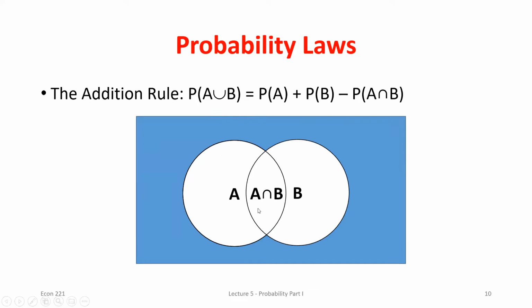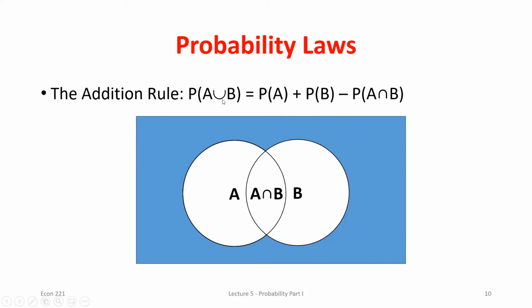First, I think the easiest way to think about this: if I take the area of circle A, the probability of A represented by this circle, and then add to it the probability I'm in B, or circle B, I've double counted what's in both of them. So how can I not double count it? Well, I just subtract it one time, and that way I've only counted it once.